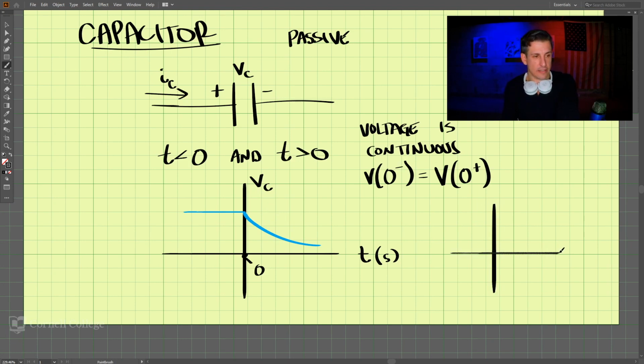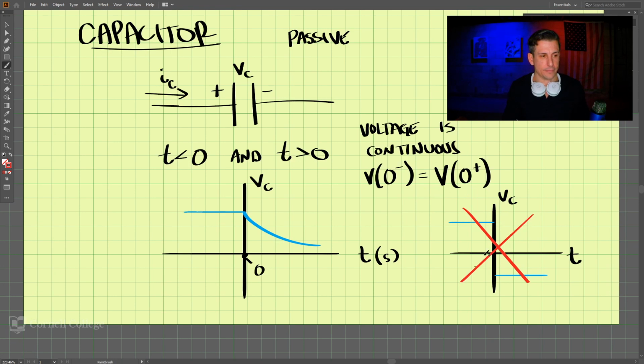We have t and the voltage across the capacitor. And let's say we have this and this. This cannot happen because these are not continuous. So the voltage across the capacitor must be continuous.